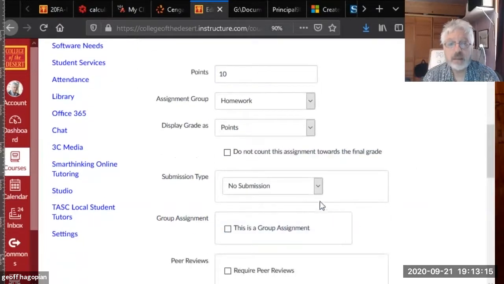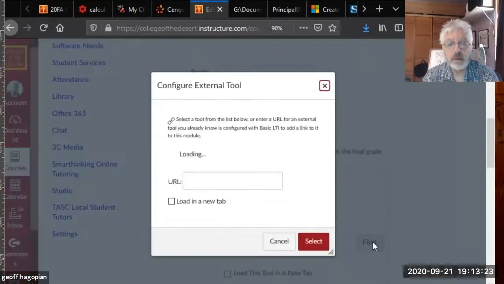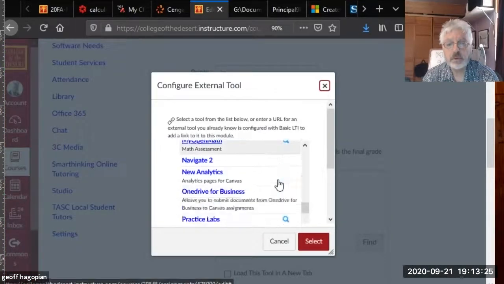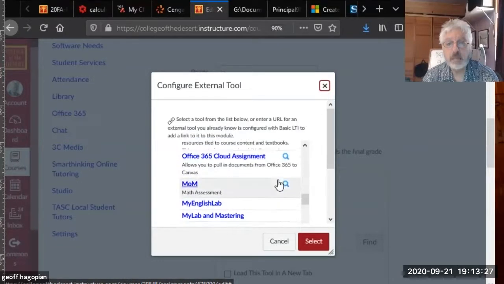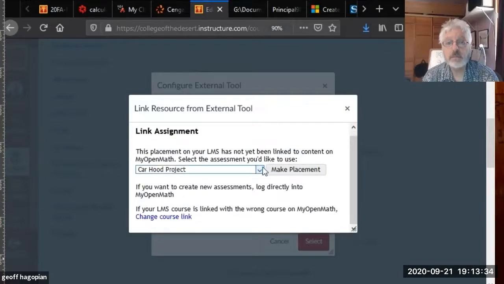Submission type is external tool. And we need to find our external tool, which is mom. Hello, mom. There you are. And which mom is this? This is geometry 5 and 6.